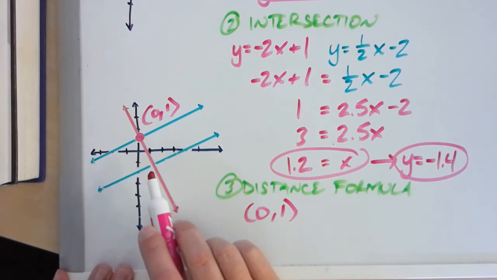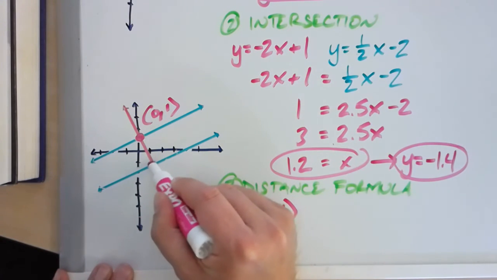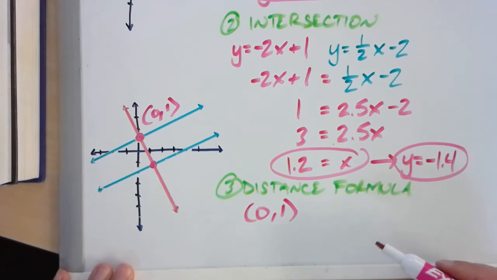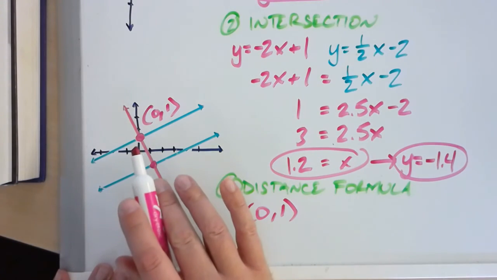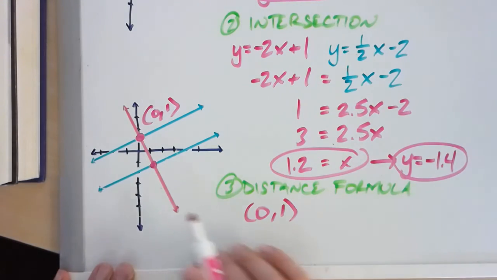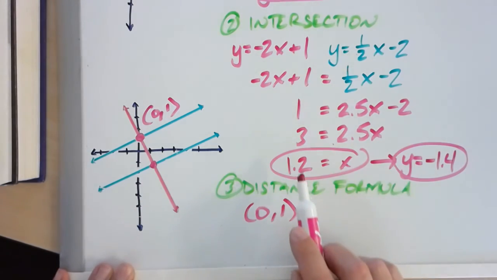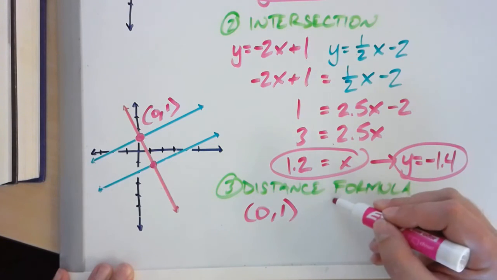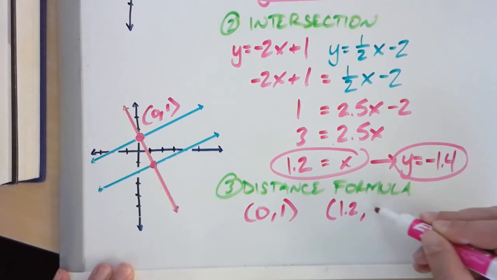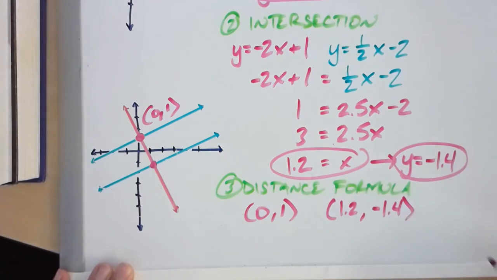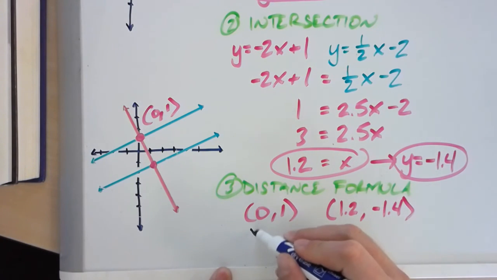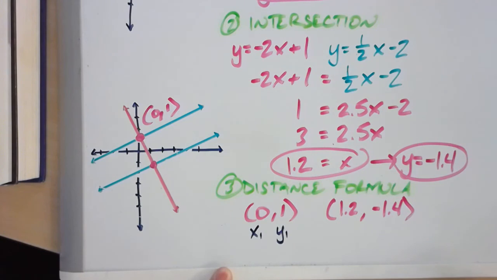Now, my second coordinate point is this guy right here. Ultimately, all this work leads up to this part. I have now 2 coordinate points I can use for the distance formula. This one was found using my system of equations method to find that my second coordinate point is 1.2, negative 1.4. Now I have 2 coordinate points, and just to remind us where we would use this in distance formula, this would be x1, y1.